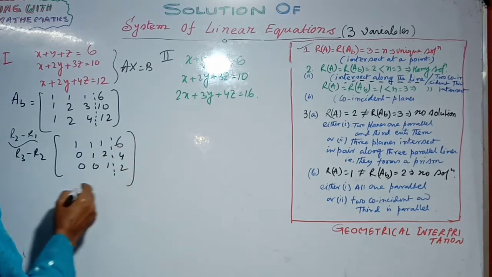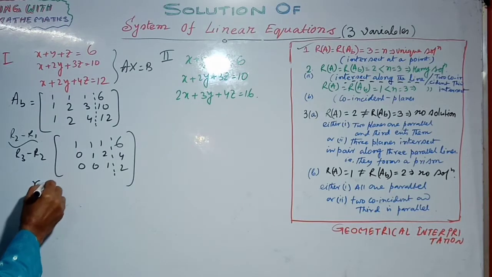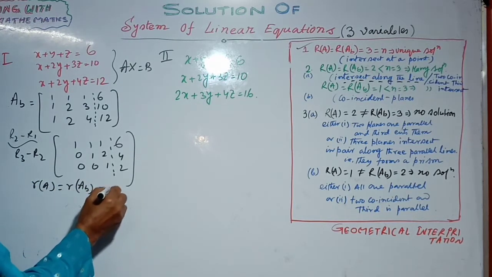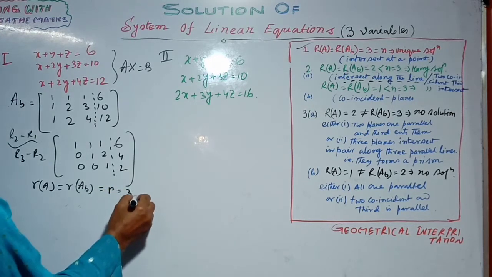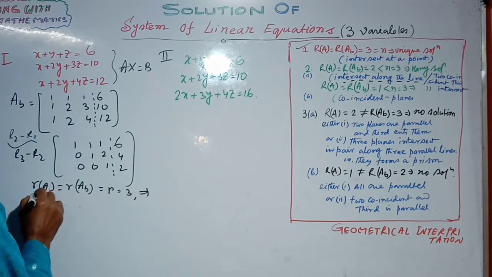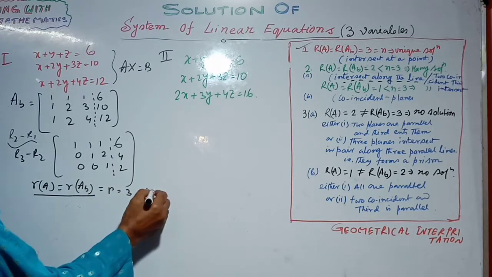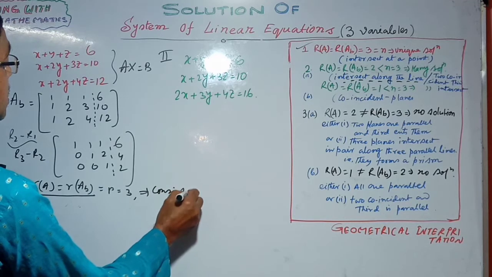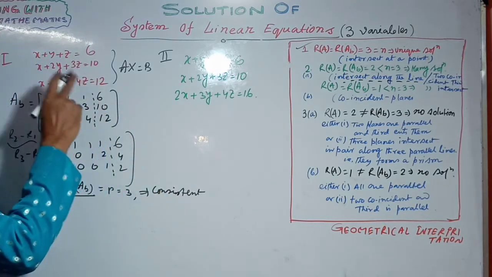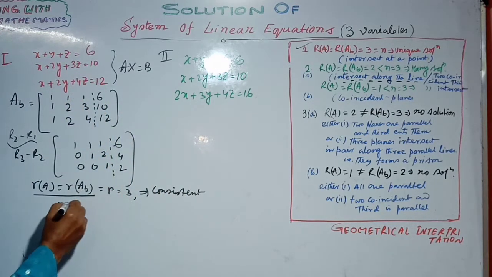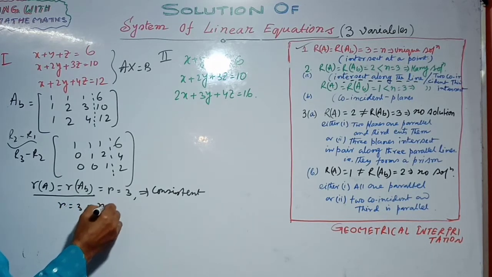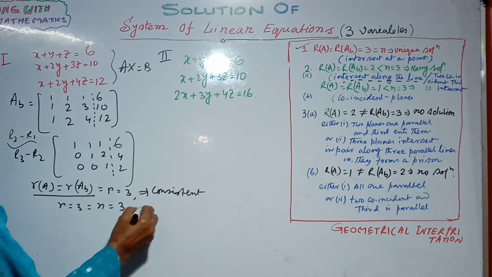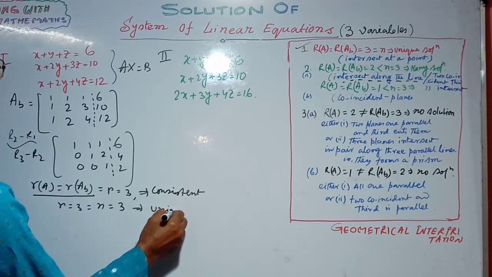Thus rank of A equals rank of augmented matrix equals 3, therefore rank of A equal to rank of AB. This implies the system is consistent, that is, the system is solvable. Here rank equal to 3 equals the number of unknowns, which is also 3. Number of unknowns means x, y, z. Therefore, it has a unique solution.